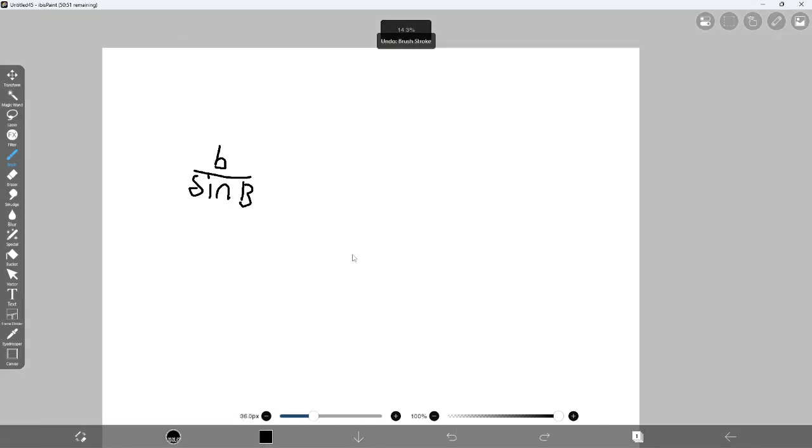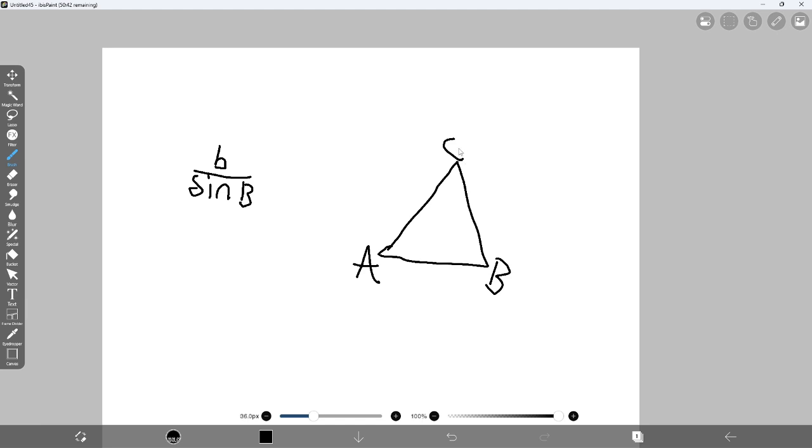When we have a triangle, let's say our A is here, our B is here, and our C is here. The C would be the opposite side of itself. So our lowercase c would be here, b here, and the a would be here.